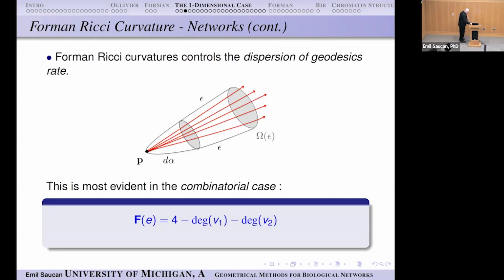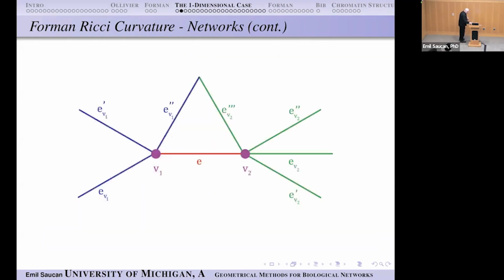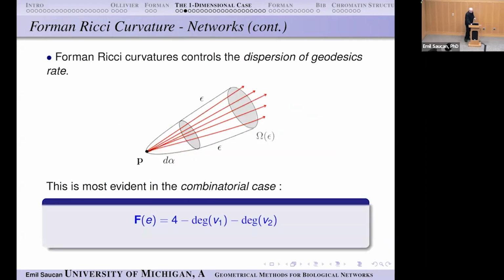So deg V1, deg V2 means how many edges come in here and how many edges go out here. So it's a flow of whatever, information, chemical reactions, I don't know.